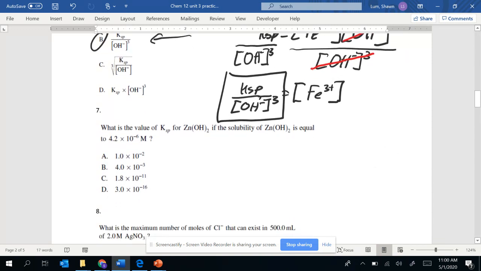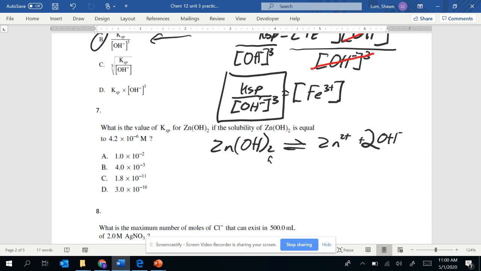What is the value of the Ksp for zinc hydroxide if the solubility of this is 4.2 times 10 to the minus 6? So Zn(OH)2. First I'm going to write my formula, Zn2 plus and OH minus. This is not balanced because of that 2 right there, so I need to place that 2 right here.